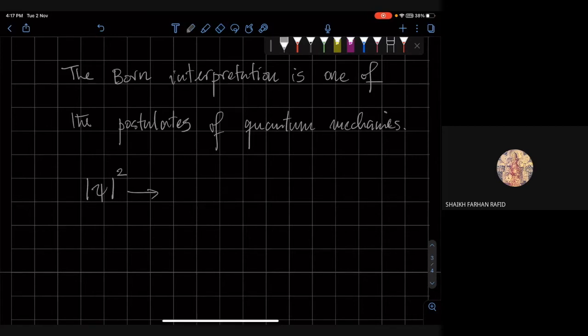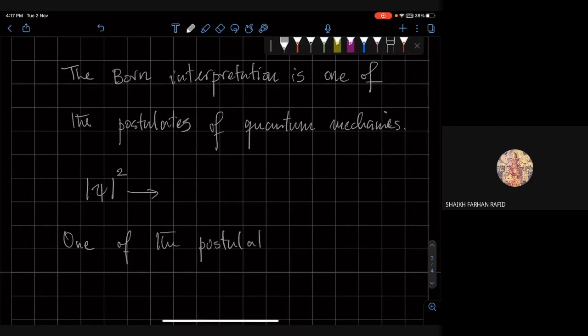So one of the postulates, and it's really the Born interpretation in disguise.